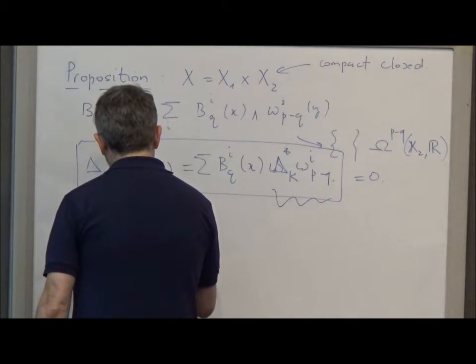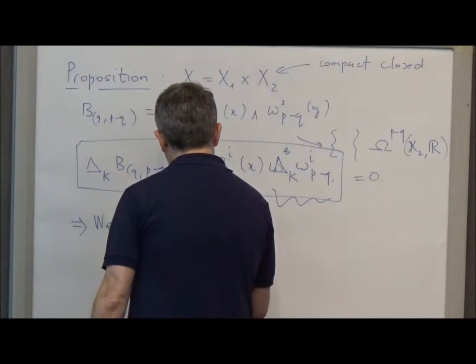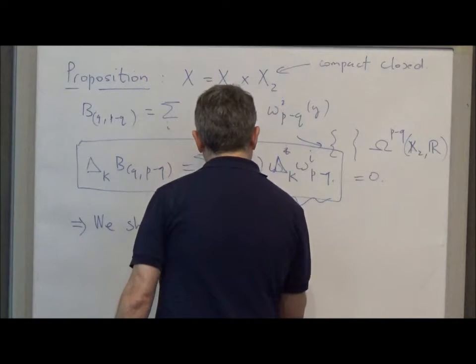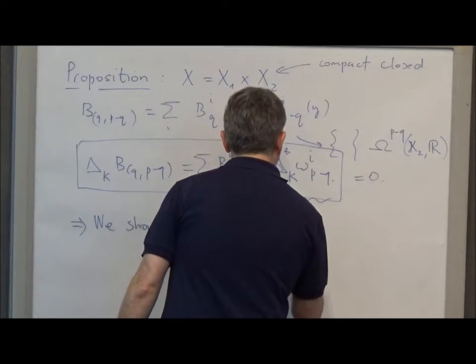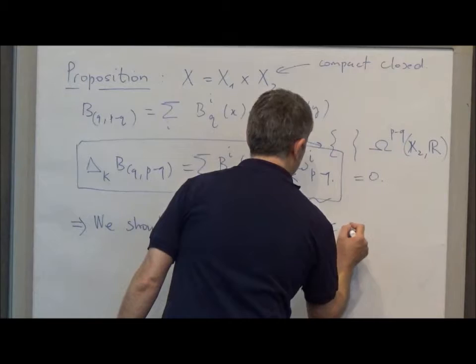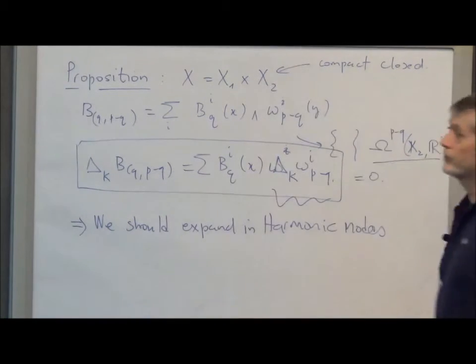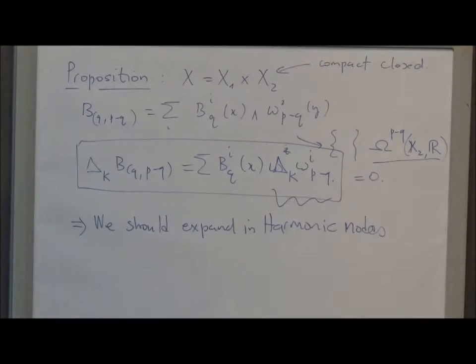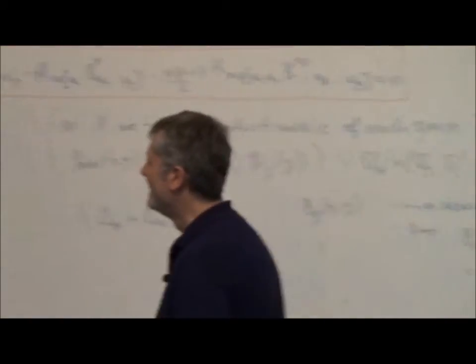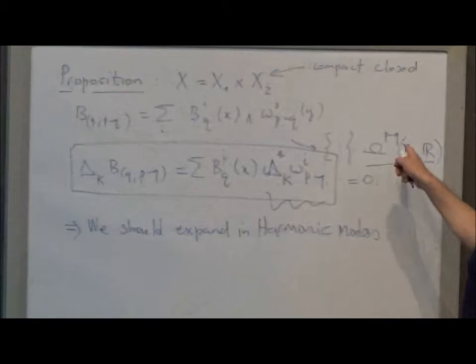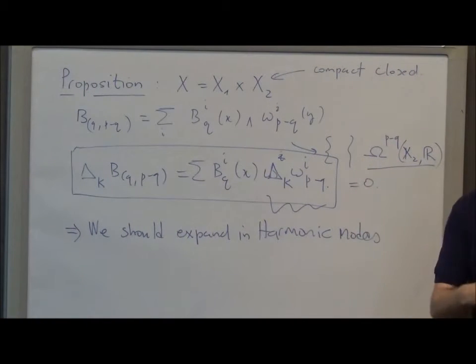So what we do instead, this implies we should expand in harmonic modes. This is also a vector space. It's a subspace of that space, after all. Harmonic forms are forms which have an extra property.